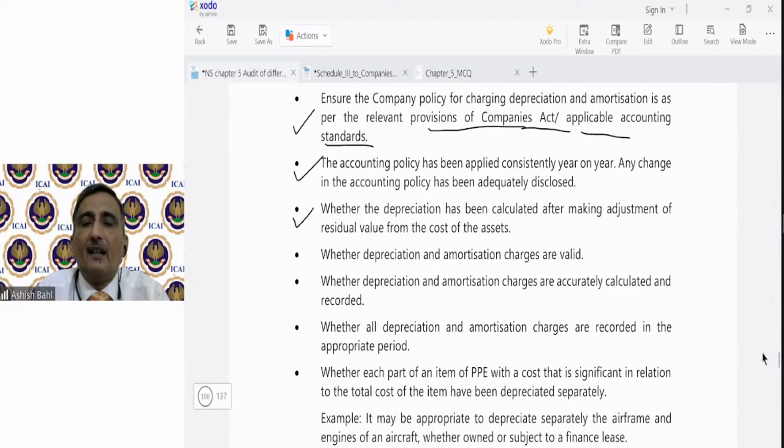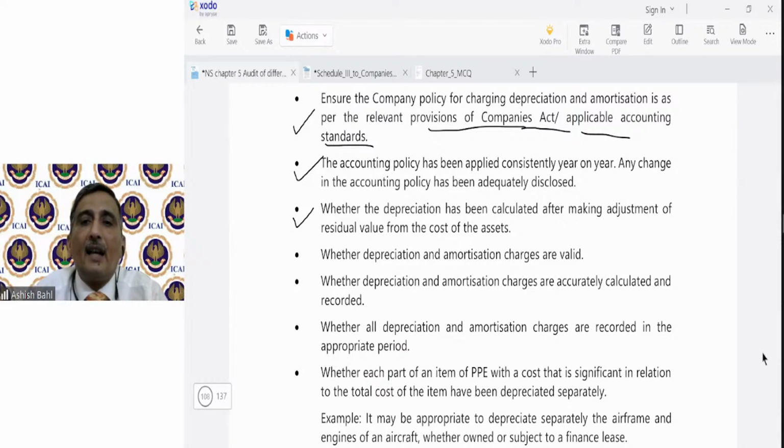Verify that this accounting policy has been applied on a consistent basis from year to year. See whether the depreciation has been calculated after making adjustment for the residual value. So we have to calculate the depreciable amount by reducing the residual value from the cost.